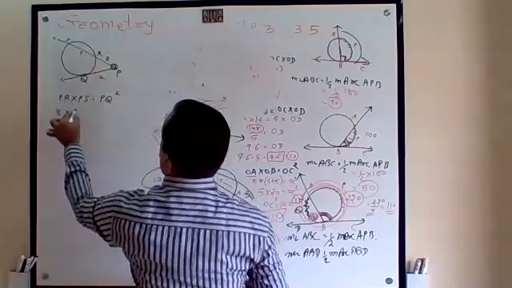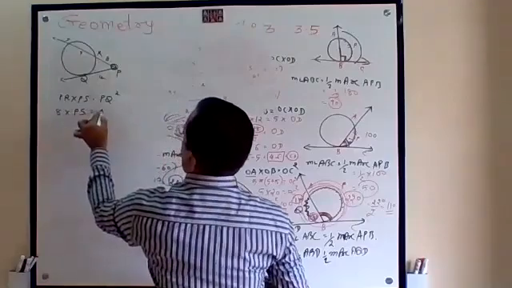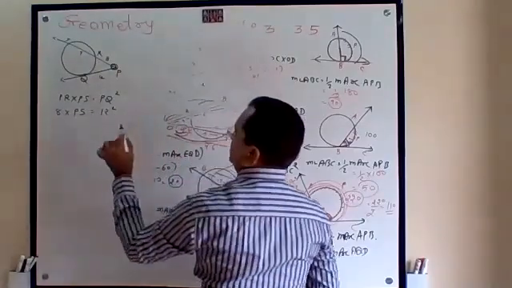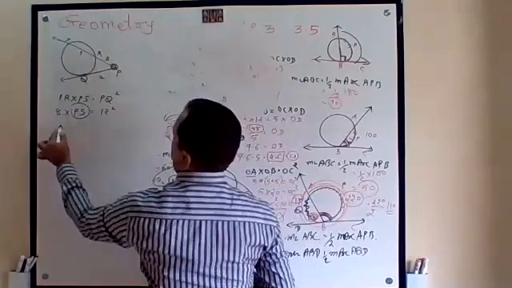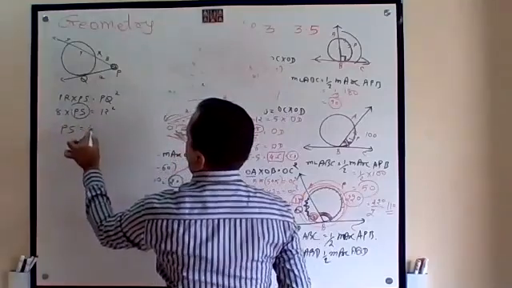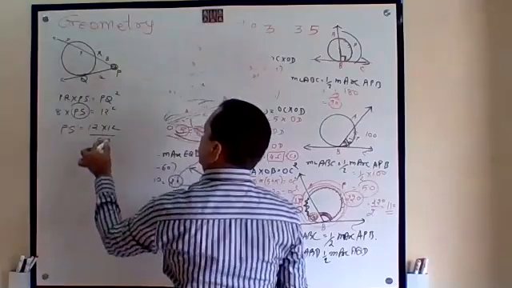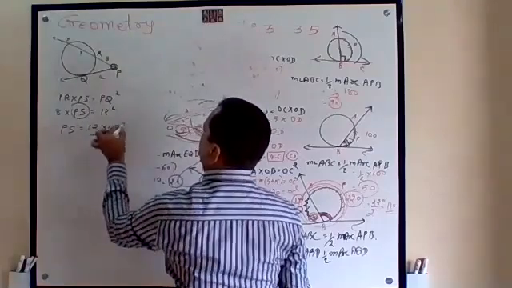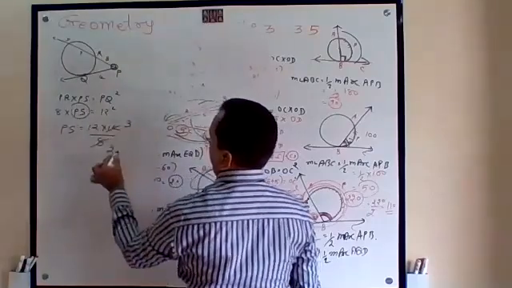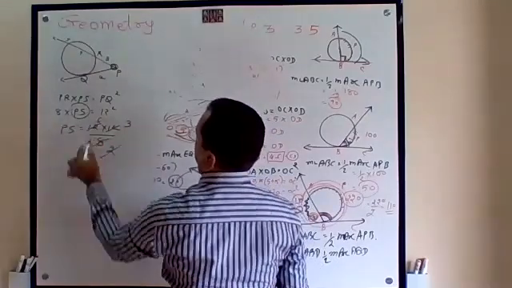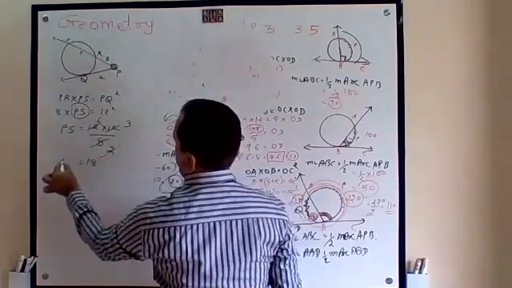So 8 into PS, and this is 12 squared. Don't make it 12 square. We want this PS is equal to 12 into 12 divided by 8. 4 2 is 8, 4 3 is 12. 2 half 6, 6 3 is 18.